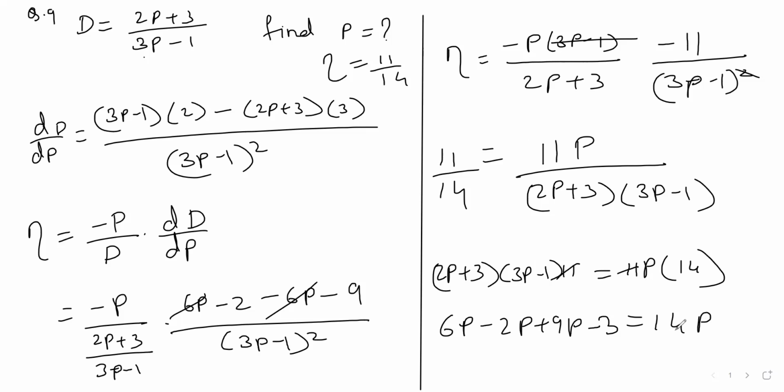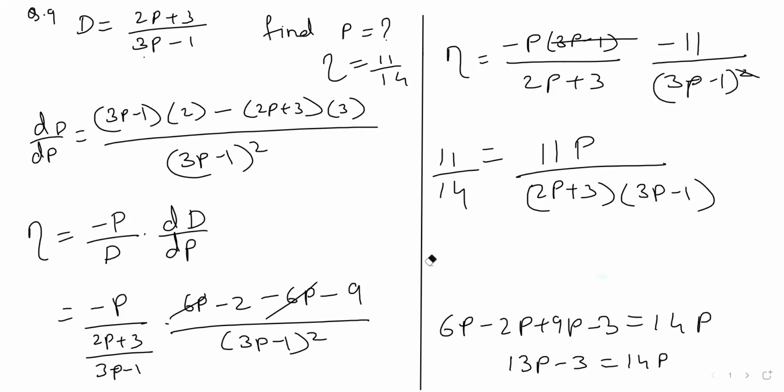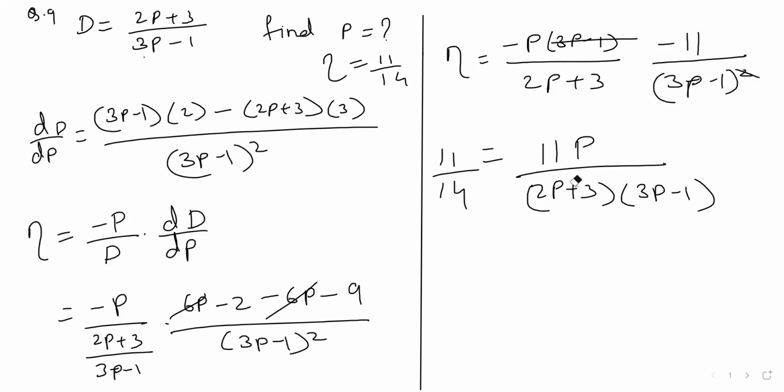So 6P minus 2P is 4P, 4P plus 9P is 13P, minus 3 is 14P. Something is going wrong here. Wait. Elasticity is 11/14.